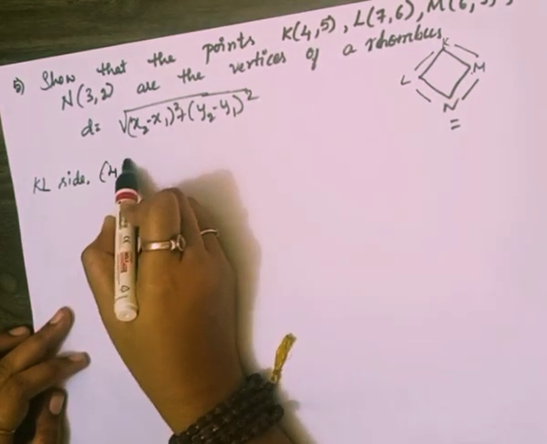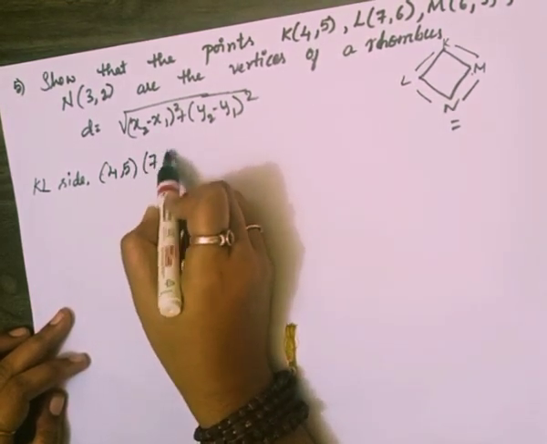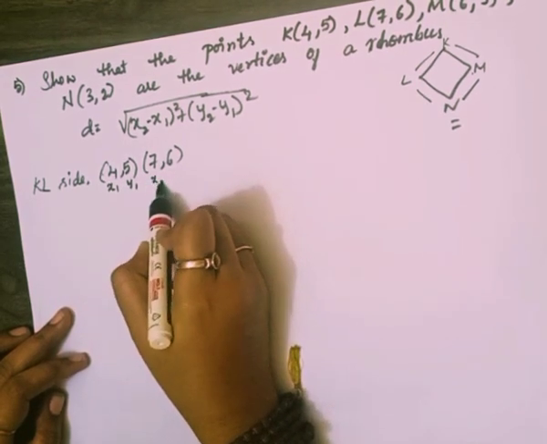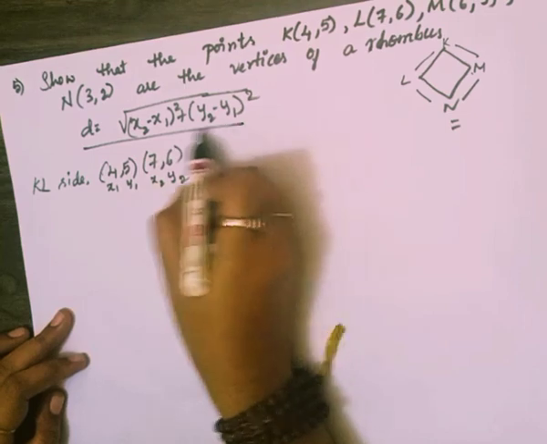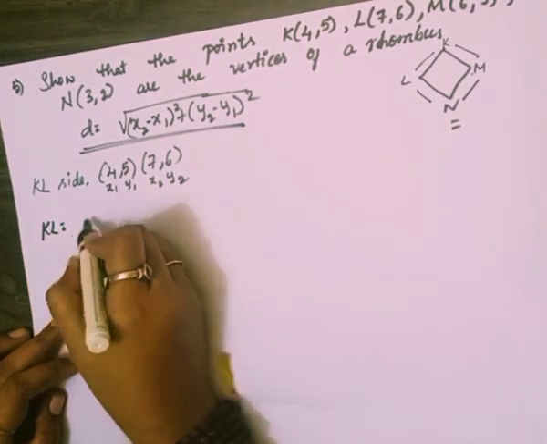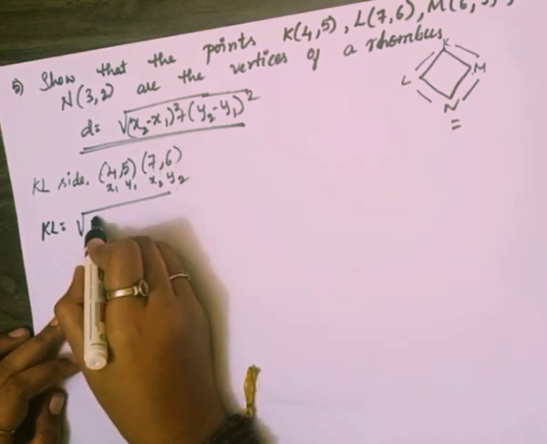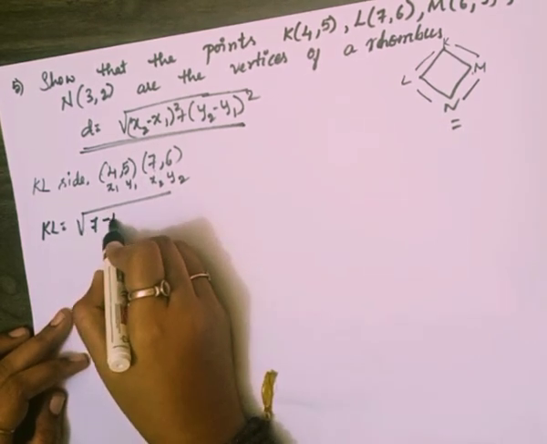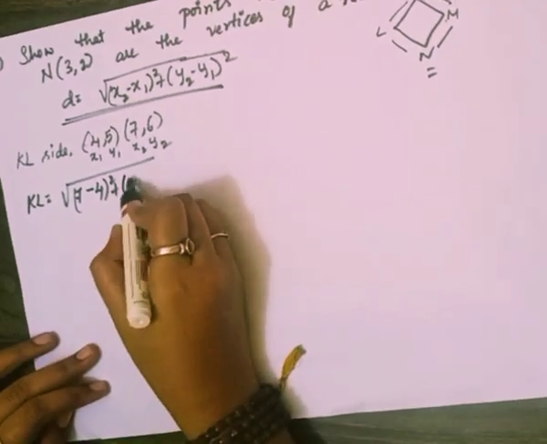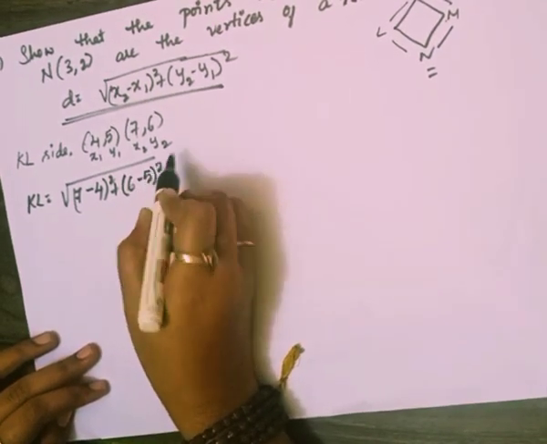K is (4, 5), L is (7, 6). That is x1, y1, x2, y2. Already here we have a formula, so directly I'll go with the substitution. I'll get KL is equal to square root of, what is the x2 value? 7 minus 4 whole square plus, what's the y2 value we have? 6 minus 5 whole square.